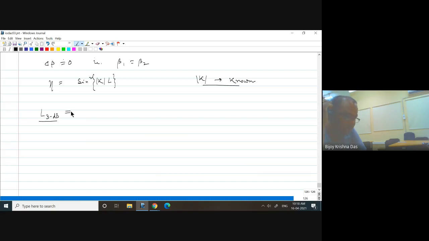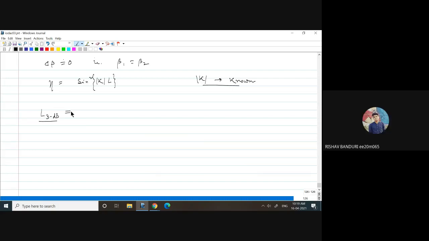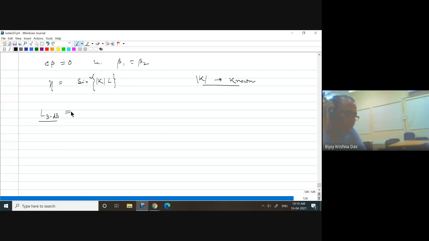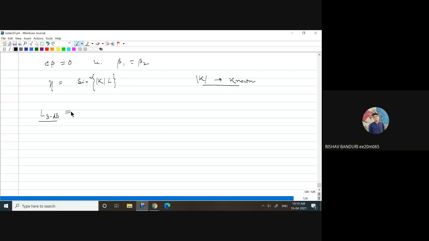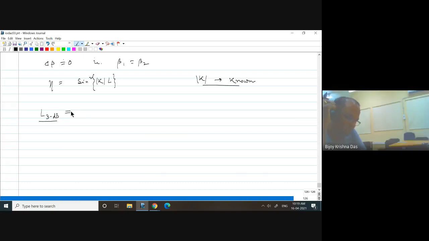Rishabh, you tell. Sir, mod KL should be equal to pi by 4, because the power will become half. So that means eta should be half, 50%, 0.5. So kappa L should be equal to pi by 4, right?